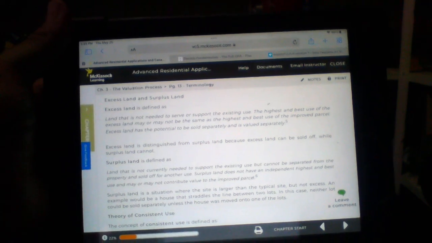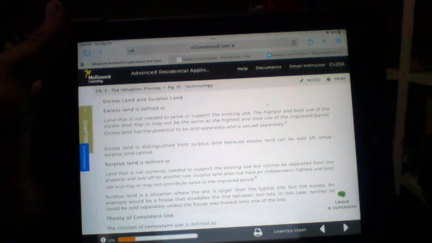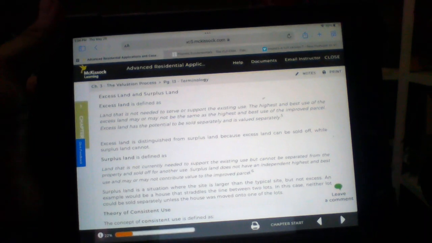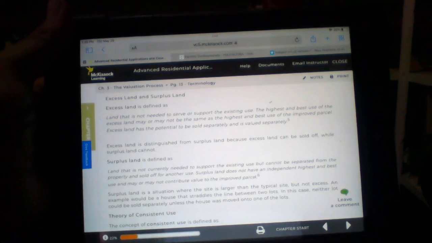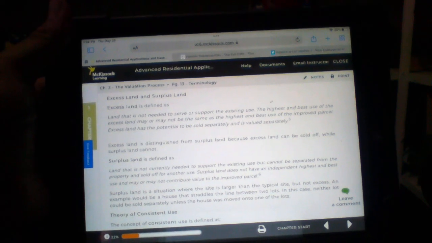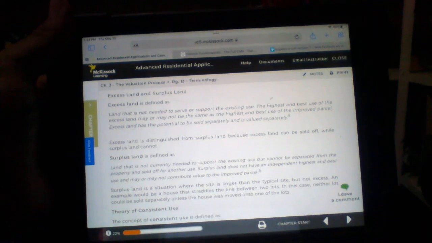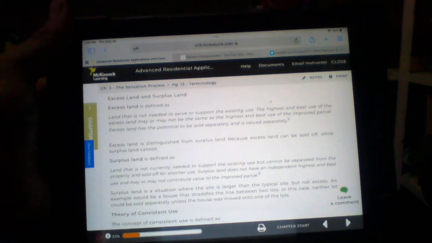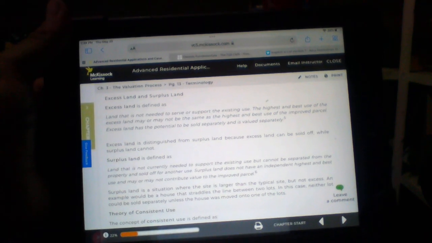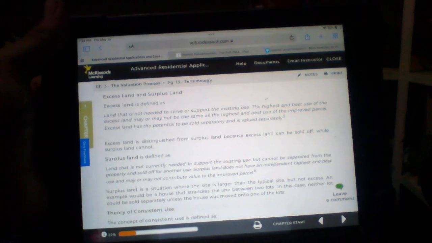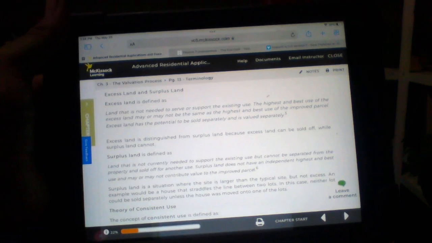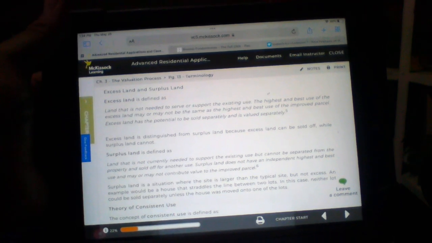Excess land has the potential to be sold separately and is valued separately. Excess land is distinguished from surplus land because excess land can be sold off, while surplus land cannot.